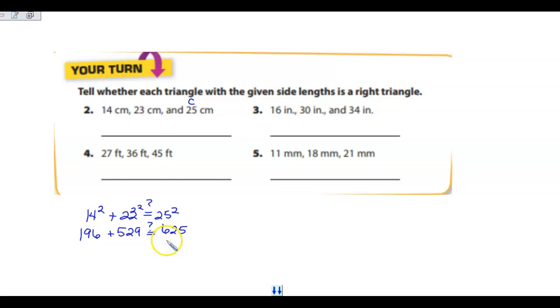If I take 196 and add 529 to it, I get 725. Does it equal 625? No, it does not. So we're just going to say no.